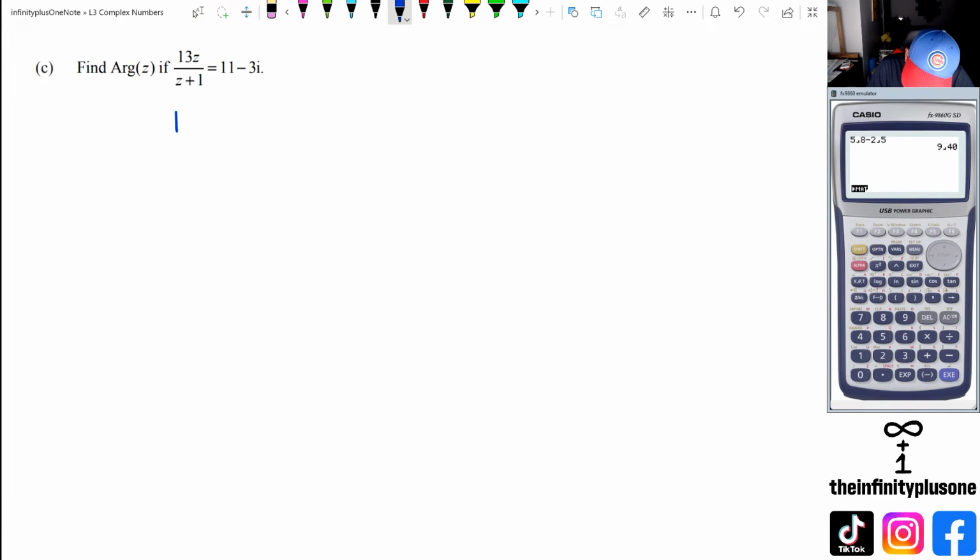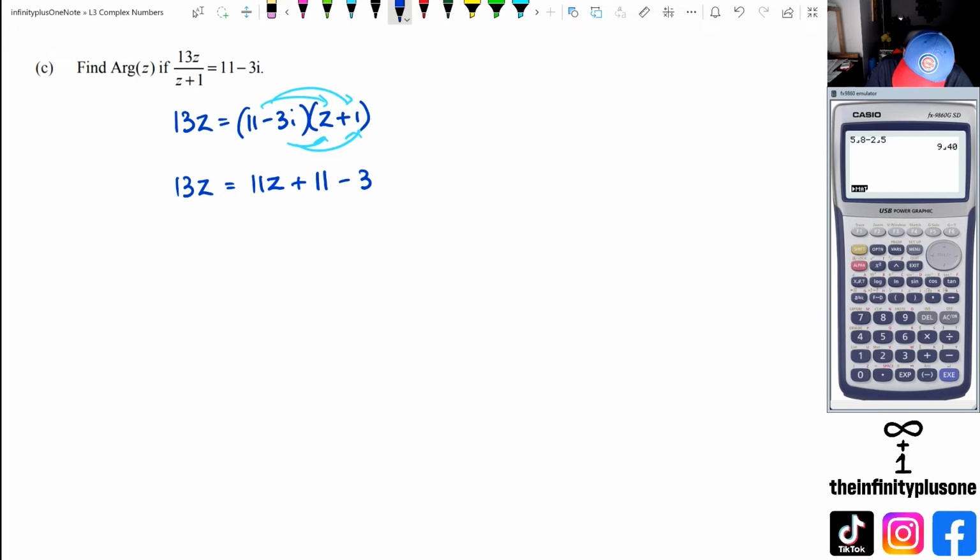So I am going to do 13z equals 11 minus 3i multiplied by z plus 1. So I'm just cross multiplying there, and then I'm going to expand the brackets here. So I've got 13z equals 11z plus 11 minus 3iz, and I've got minus 3i.